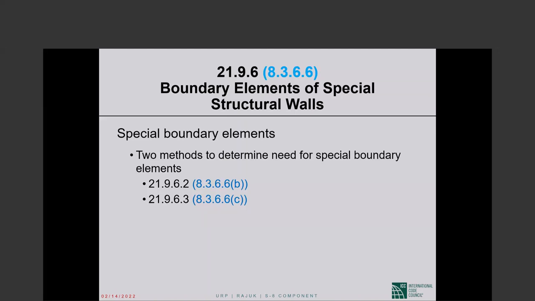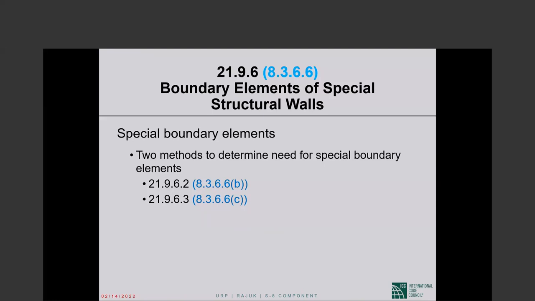Okay, so UBC 94 said and ACI 318/99 said you shall confine those parts of a shear wall cross section that develop significant compression under the design earthquake. Okay, you shall specially confine those parts of a shear wall cross section that develop significant compression under the design earthquake of the code.